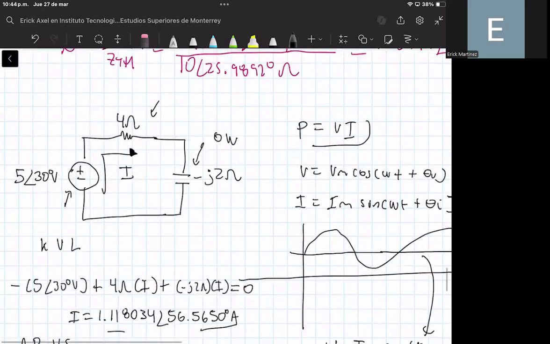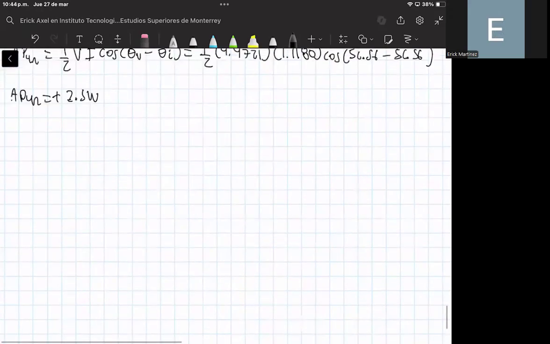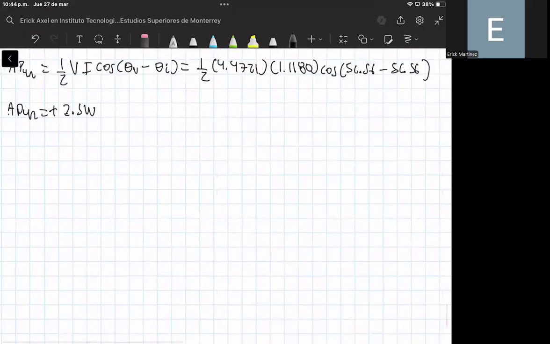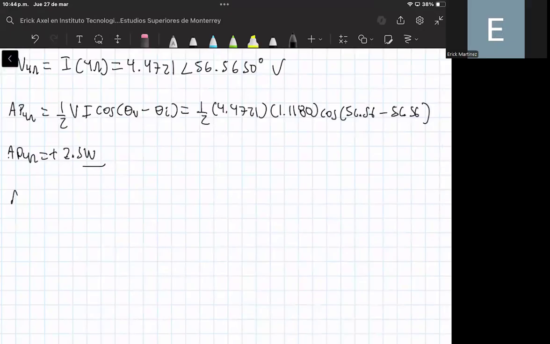The reason for that is that a resistor in particular will always consume power, and we know that by the positive sign in the result of the average power. In fact, if you add the average power of the 4 ohm resistor plus the average power of the source, this should be equal to 0.